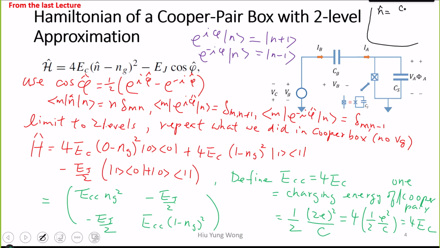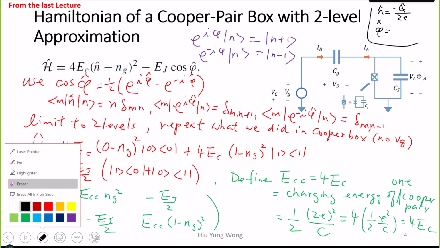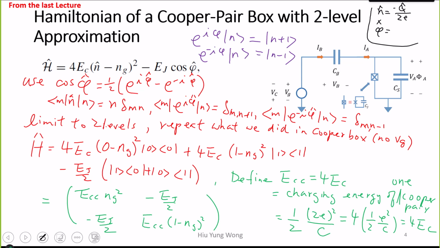n is just equal to negative Q divided by 2e, and then the phase is just equal to the flux. And this flux might not be the real magnetic flux. How do we define the flux? Anyone can remind me? In a circuit, we definitely have voltage.